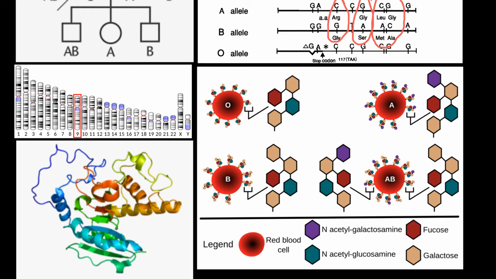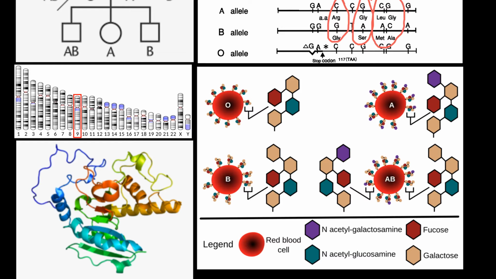One inherited from, say, the mother side, allele A, and another from the father side, allele B. So on each red blood cell, they would have 2 variants of these sugar chains. One would end with an acetyl galactosamine, another would end with galactose. And this is going to be blood group AB.